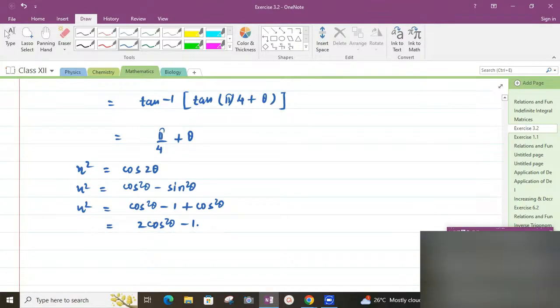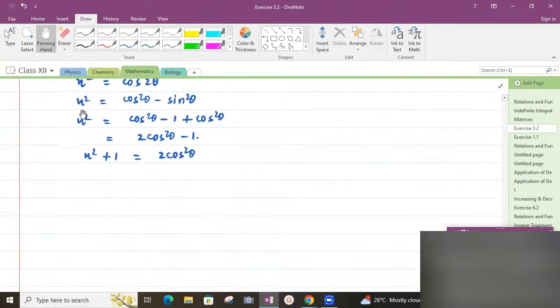So when we move 1 to the right hand side, we get x square plus 1 equal to 2 cos square theta, or cos square theta equal to x square plus 1 by 2.